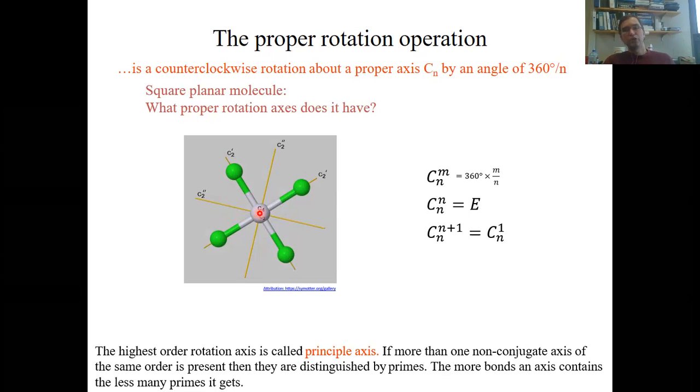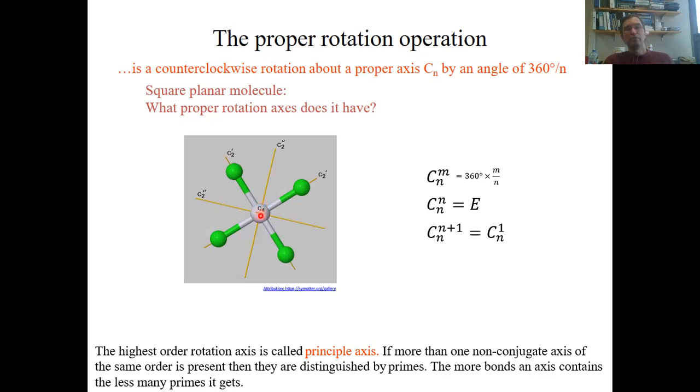Now, in addition to that, we have a C2 axis that stands in the same position as the C4 axis. That is because when we rotate 2 times by 90 degrees, then that's the same as rotating around 180 degrees. That explains the presence of the additional C2 axis.